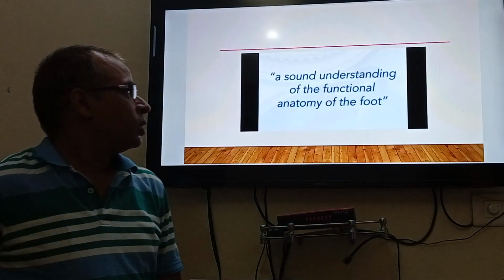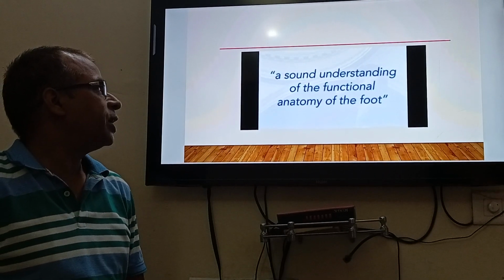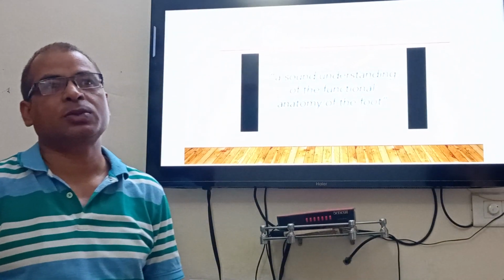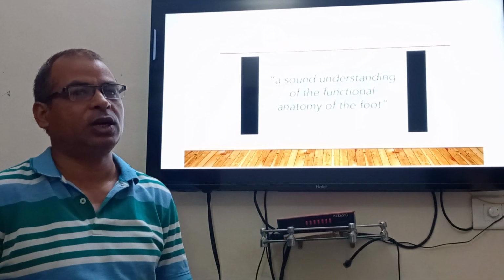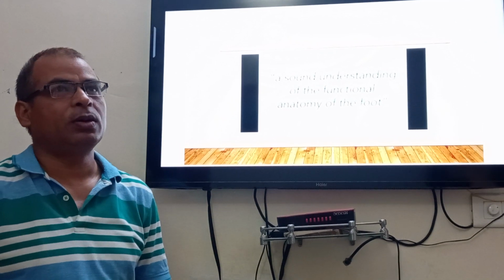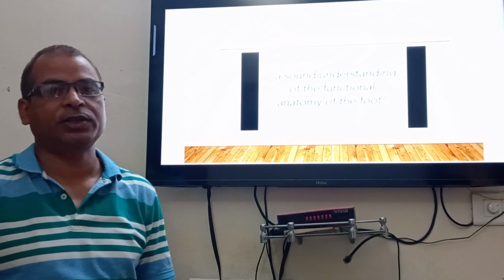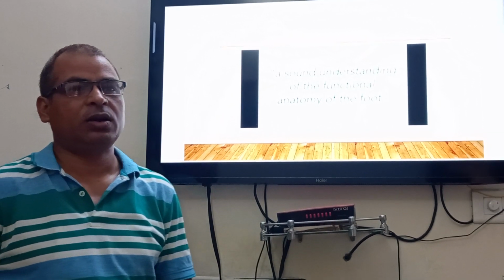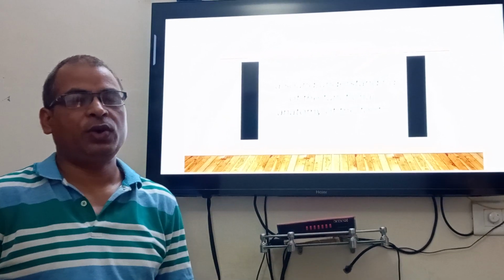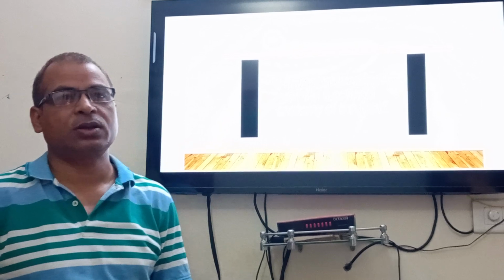So this treatment is effective. A sound understanding of the functional anatomy of the foot, biomechanics and pathomechanics should be understood fully. There are orthopedic surgeons and pediatric orthopedic surgeons, but those trained in management of clubfoot are very few in number, and they are also busy in other surgeries.